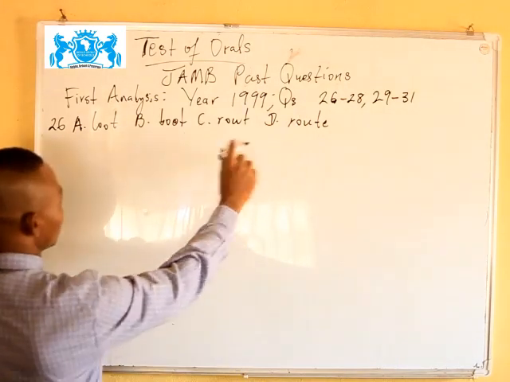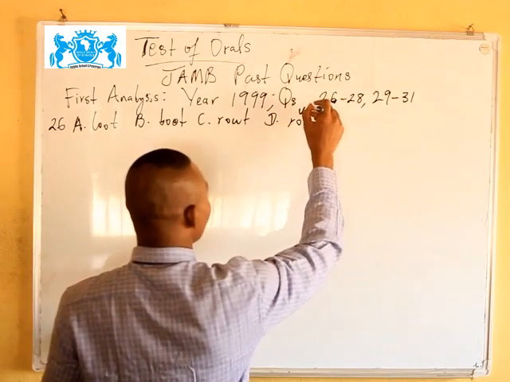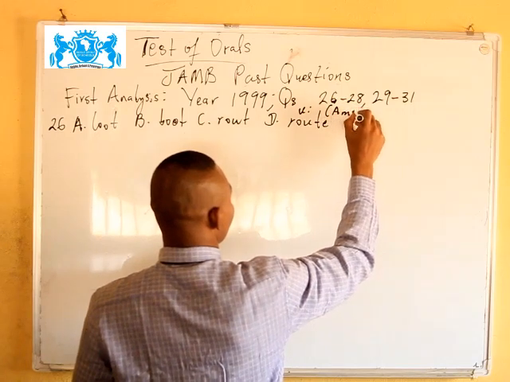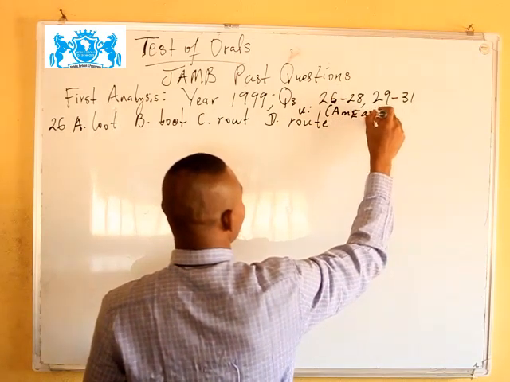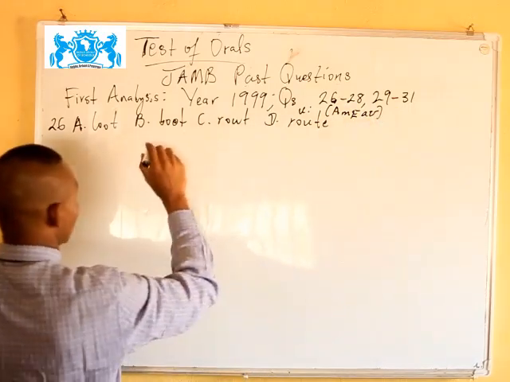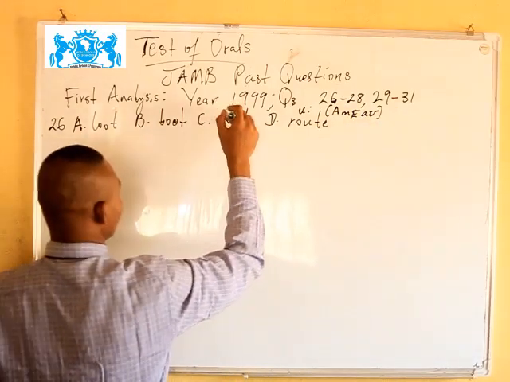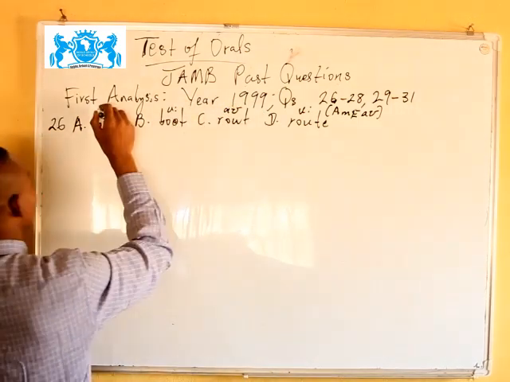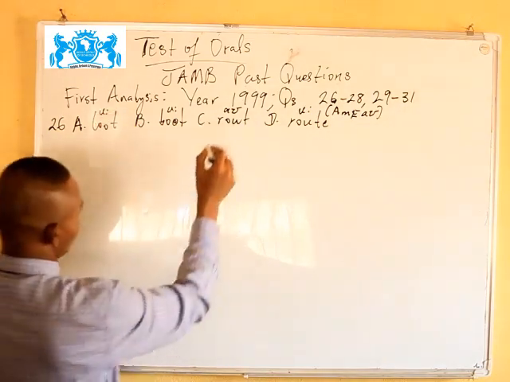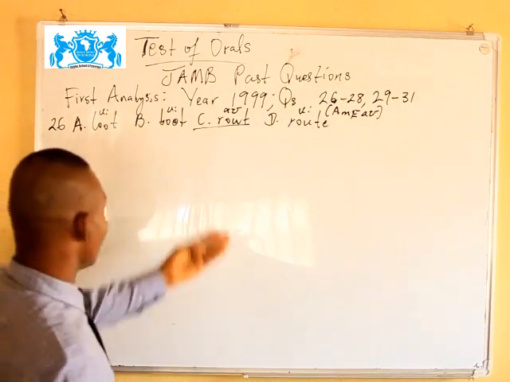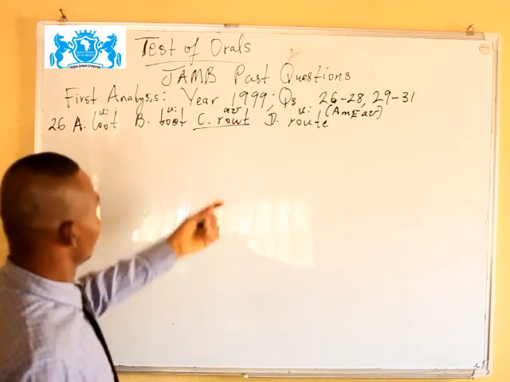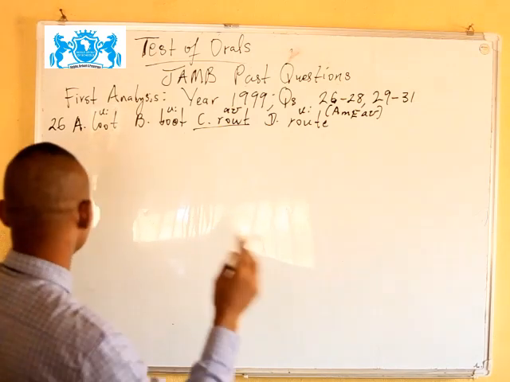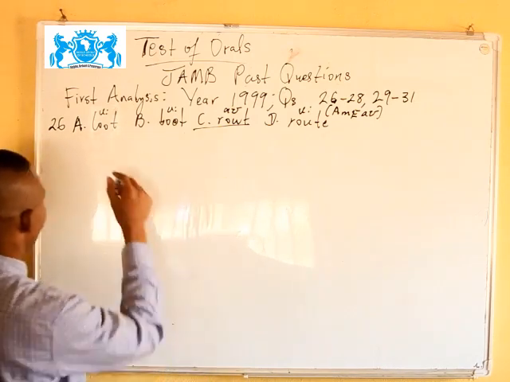Since this one has a long U sound, and in American English we can also say it has an ow sound, but we don't consider American English. So here we have the ow sound, here we have the long U sound, and here we have the long U sound. So the only one that is different from the others is C, because it has the ow sound, whereas the others have the U sound.